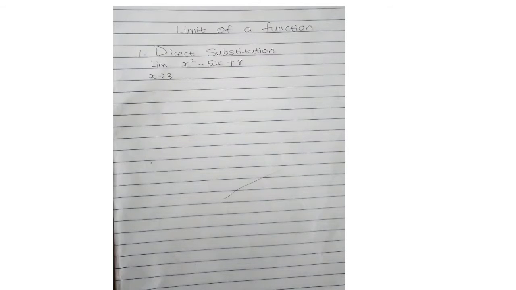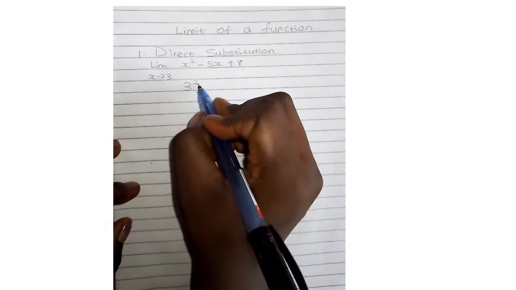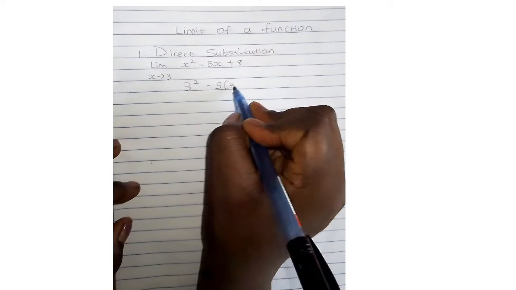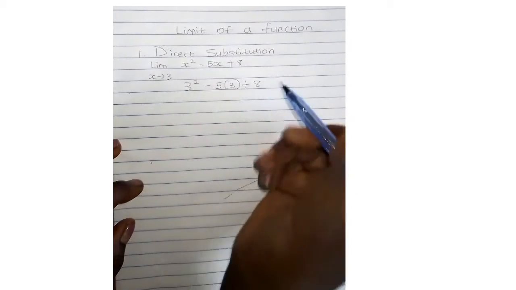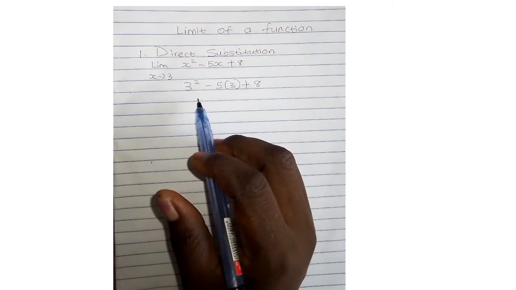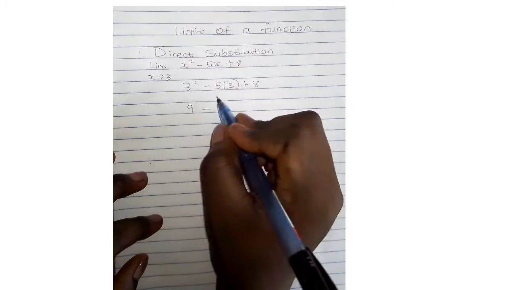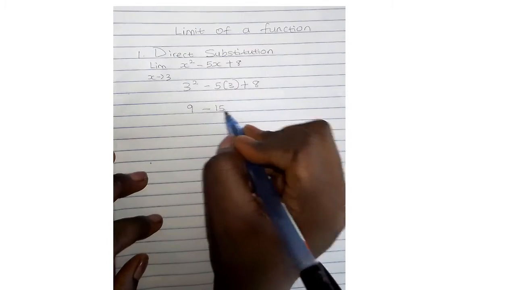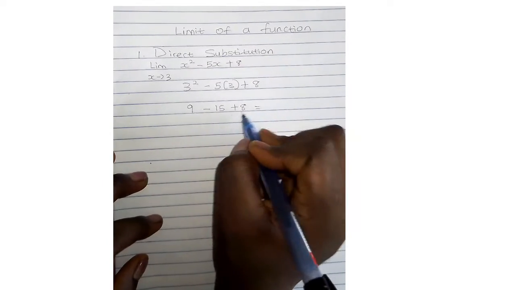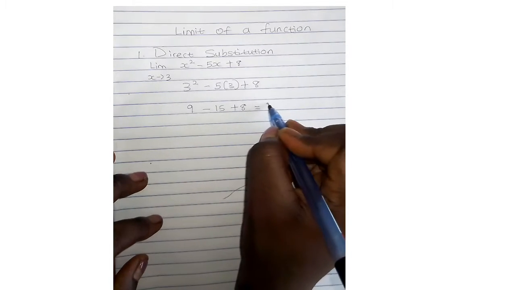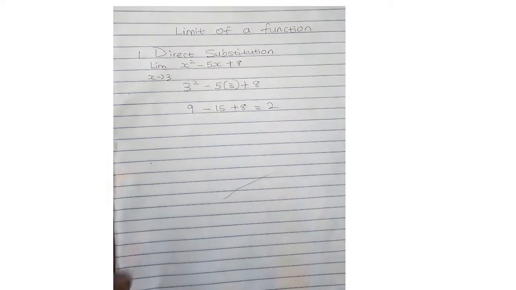So we have 3 squared minus 5 into 3 plus 8. 3 squared means 3 times 3, which is 9, minus 5 times 3 is 15, plus 8. When you do 9 minus 15 plus 8, we get 2. So this is what we mean when you solve for the limits of a function involving direct substitution.